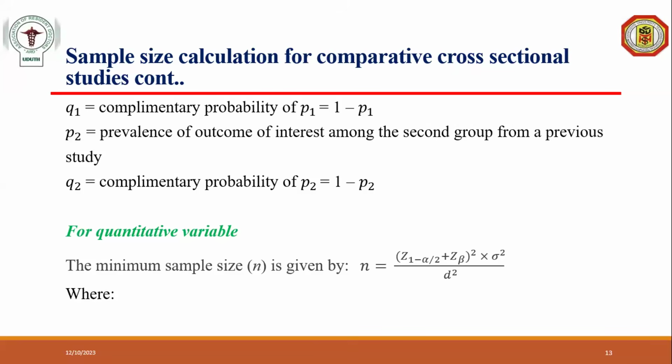Standard deviation squared, that lambda, is the standard deviation of one of the groups. If you have two groups, group 1 and group 2 in a previous study, you have to find the standard deviation in group 1 and standard deviation in group 2 in the previous study. Then which one are you going to use?